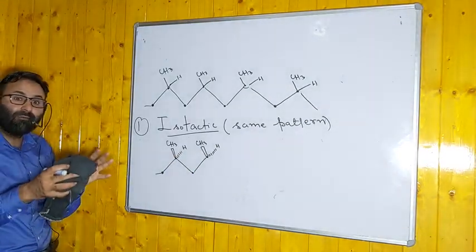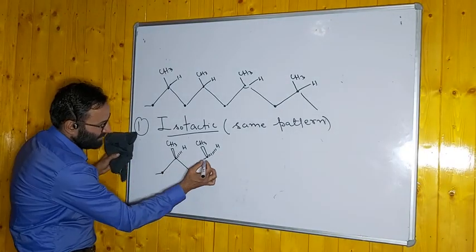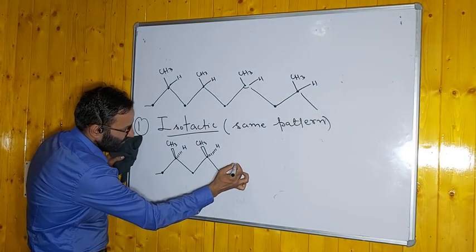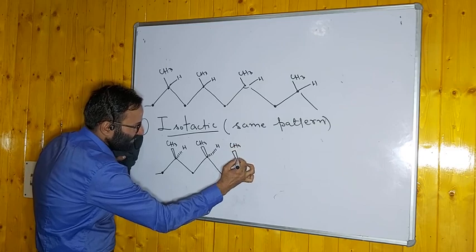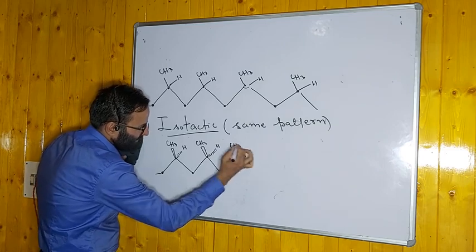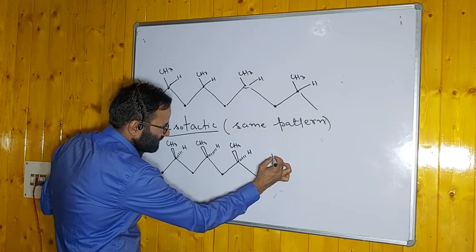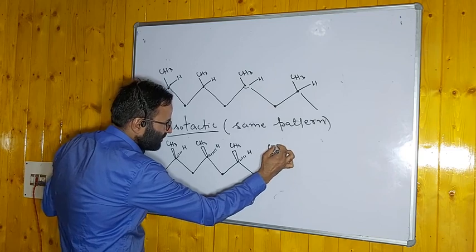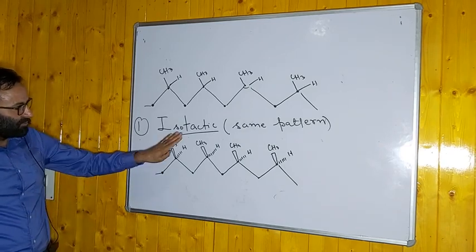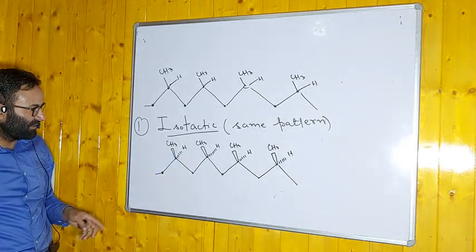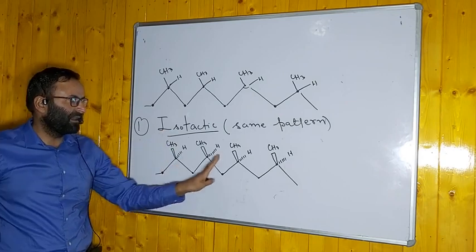This is the stereochemistry: how methyl and hydrogen are arranged. We have again methylene, C, methyl group above the plane and hydrogen below the plane. You can draw one more with the methyl group above and hydrogen below. It means that in this stereoisomeric form, the methyl groups occupy the same positions on this zigzag backbone.